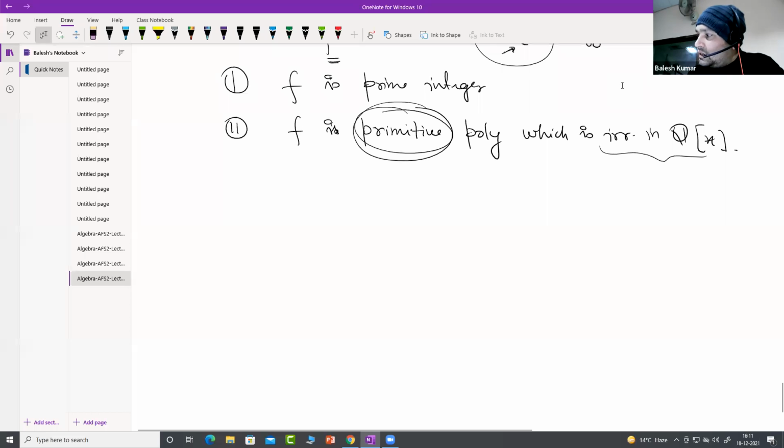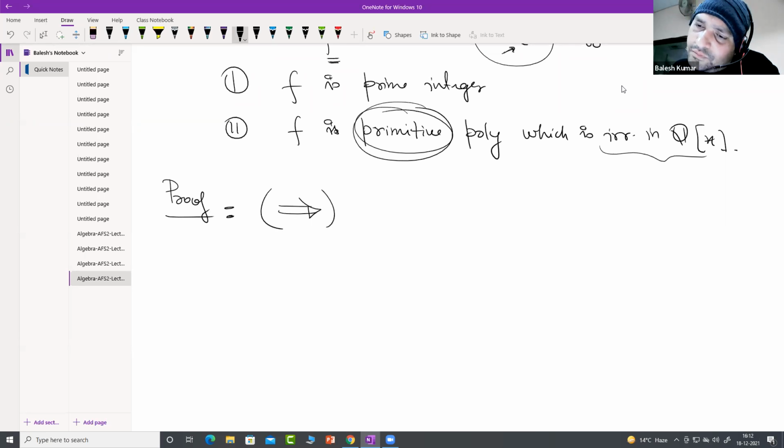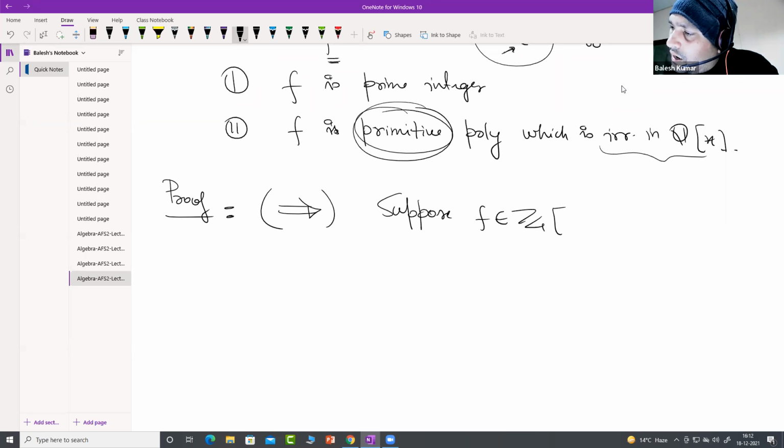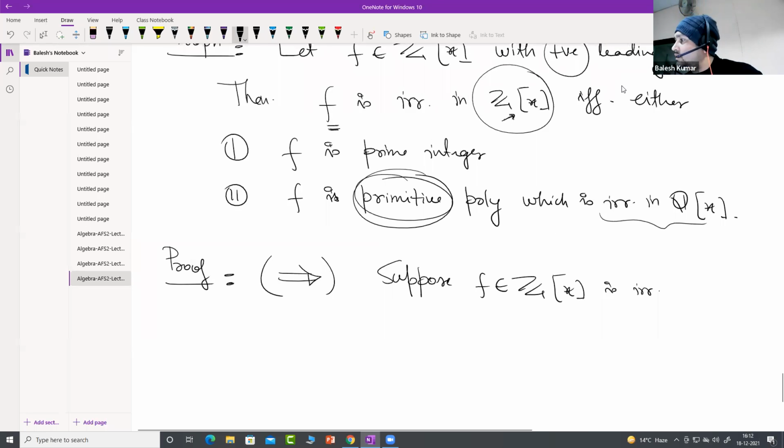Okay, so let us try to prove it. Let us first start with the direct part. That means suppose f belonging to Z[x] is irreducible. Then what we need to prove is that f is either a prime integer or a primitive polynomial.